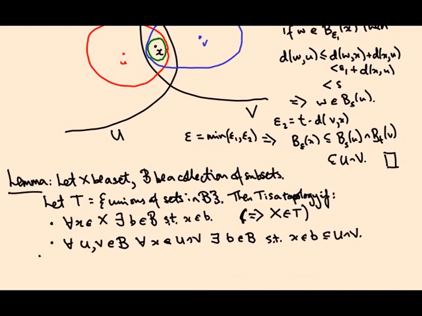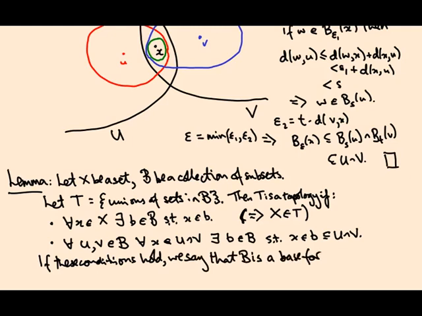And if these conditions hold, we say that B is a base for the topology T.